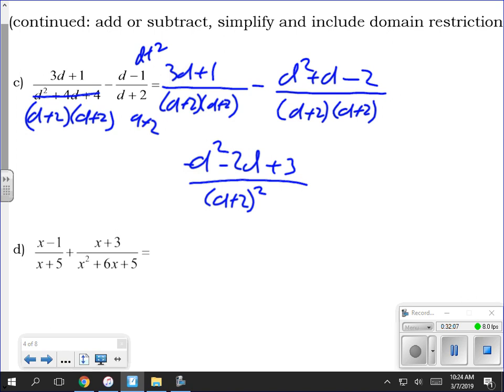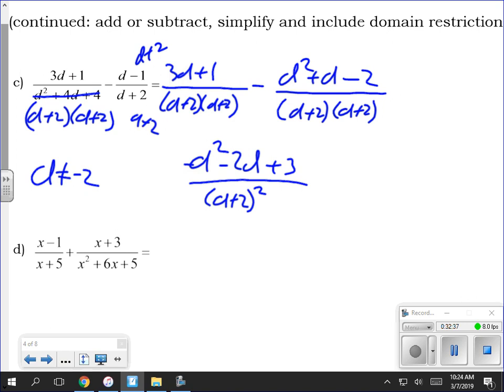My only possible factors end in 3 and 1, right? Because two numbers will multiply to give me 3, 1 and 3. Those are my only choices. So if it does factor, 1 and 3 have to be my numbers I factor out. They're not going to cancel with 2's in the denominator anyway. So even if it is factorable, it won't make any difference. I'm done. And my domain restrictions, D can't be negative 2.